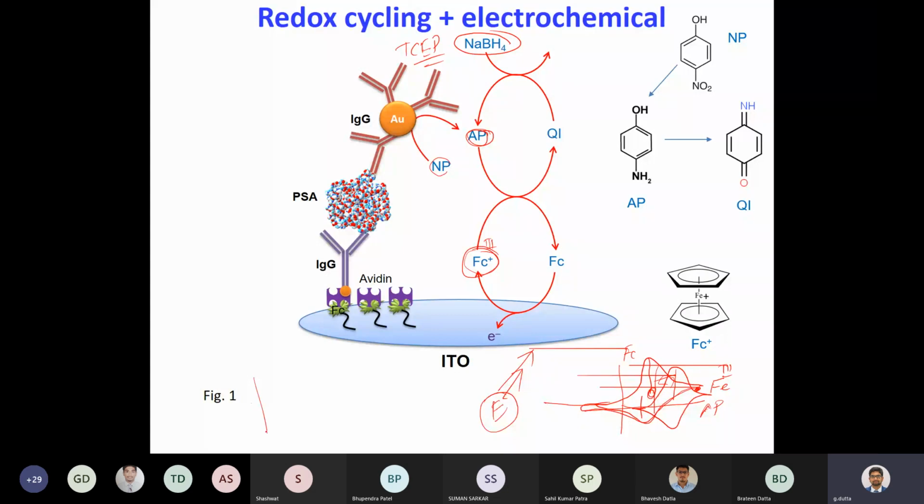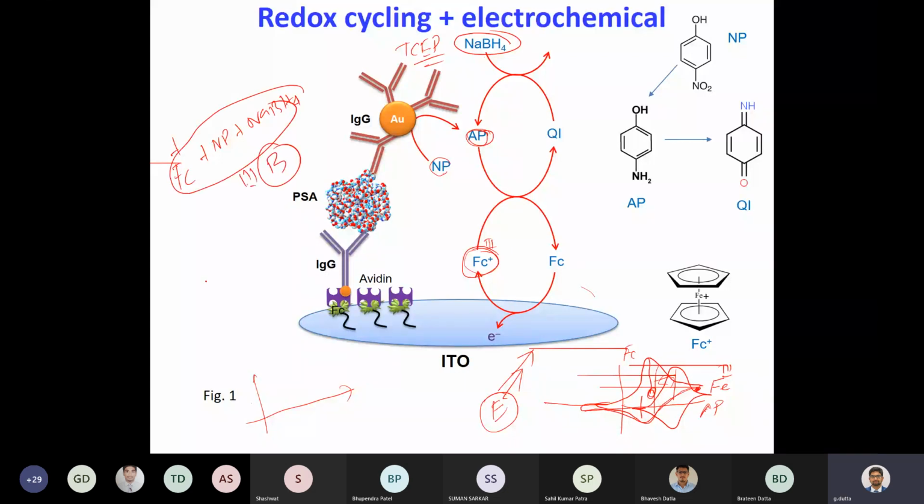It is a very crucial part of a biosensor. You have to check how much potential you are going to apply, and the signal to background ratio. You know what the signal is, what the background is, right? In this case, you can add Fc+, NP and NaBH4. This mixture you can use as a background substrate.